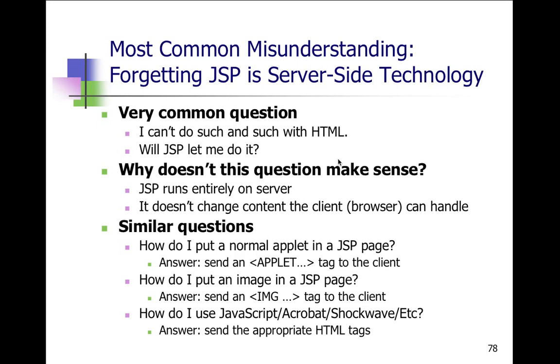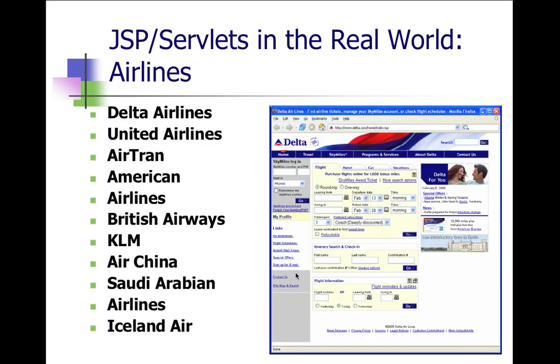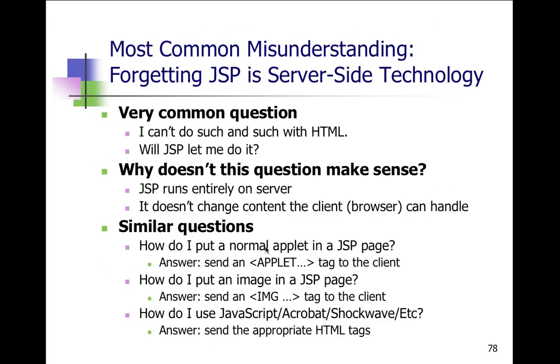Well, you can actually just use the applet tag. It's just like an HTML page. How do I put an image? Well, use the image tag, just like HTML. So, how do I use JavaScript, Acrobat, anything? You'll see the appropriate tag. You can embed anything.